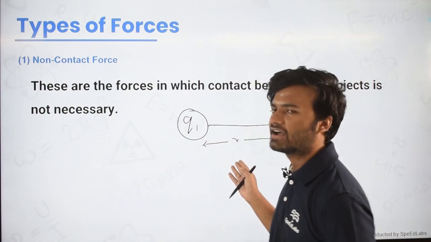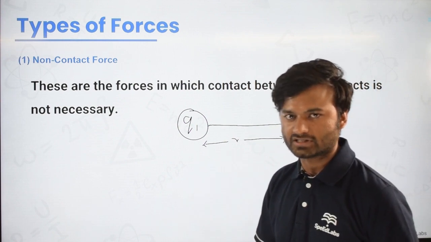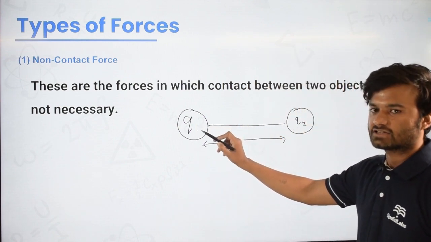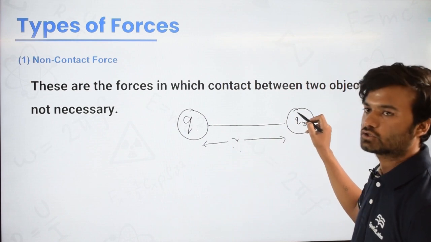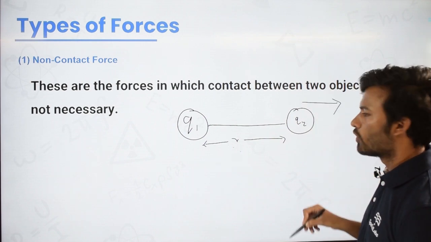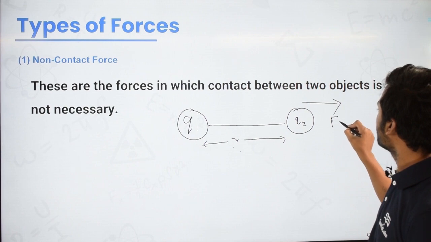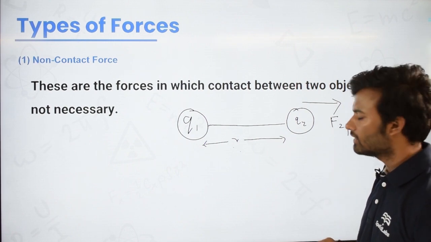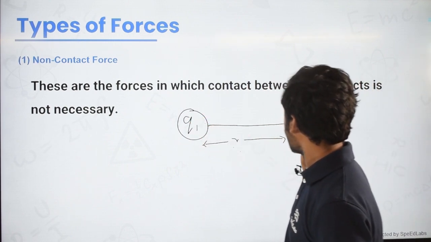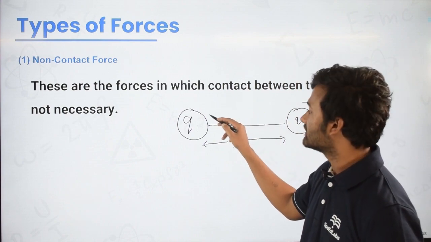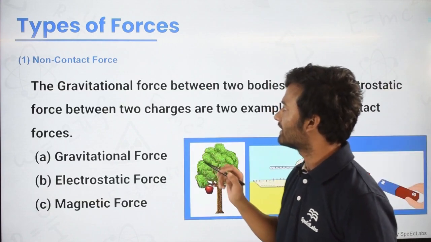Here I have taken both charges as positive. So this charge will apply force on Q2 in this direction. I will write this as F21. Similarly, Q2 will apply force on Q1 in the left-hand side direction.